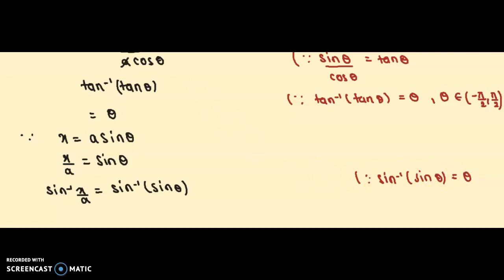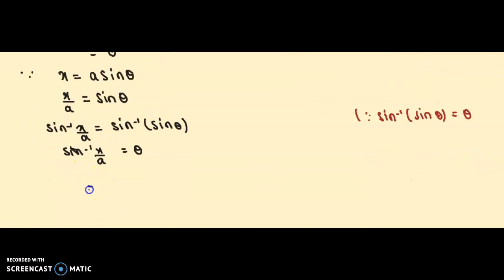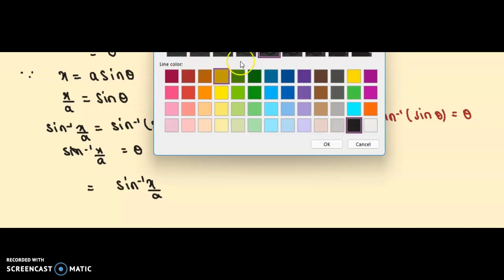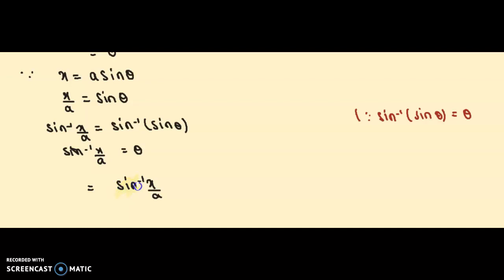So using this formula, sine inverse sine theta becomes theta, and we have sine inverse x upon a. So the value of theta is sine inverse x upon a, and this is nothing but the final answer. So let us write down the final answer.